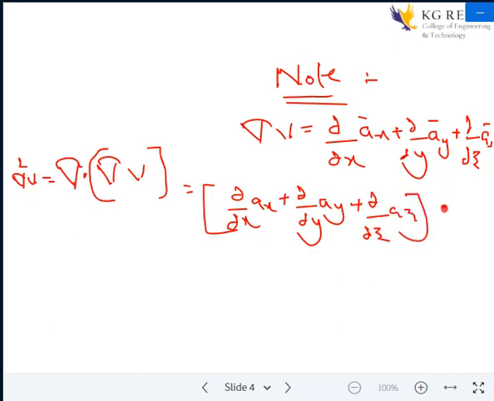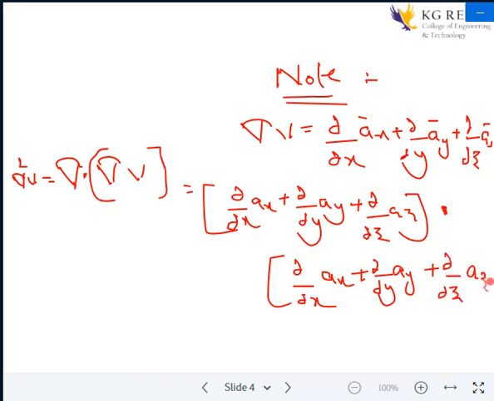Then I am doing this dot product with del v, so again ∂/∂x ax plus ∂/∂y ay plus ∂/∂z az.